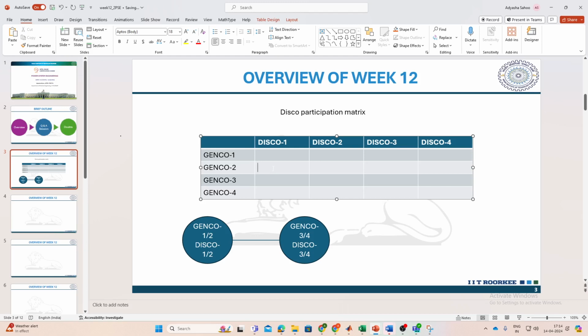Similarly, CPF 21 represents the amount of power DISCO 1 is contracting from GENCO 2, and then CPF 31 and CPF 41. So this first column represents how much power DISCO 1 is contracting from GENCO 1, 2, 3 and 4.